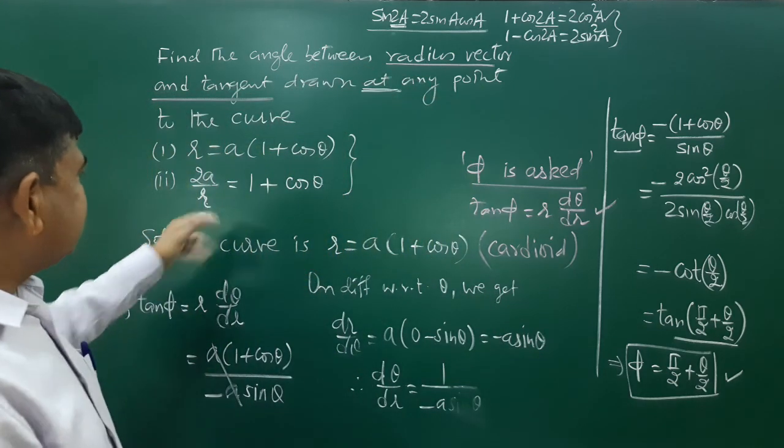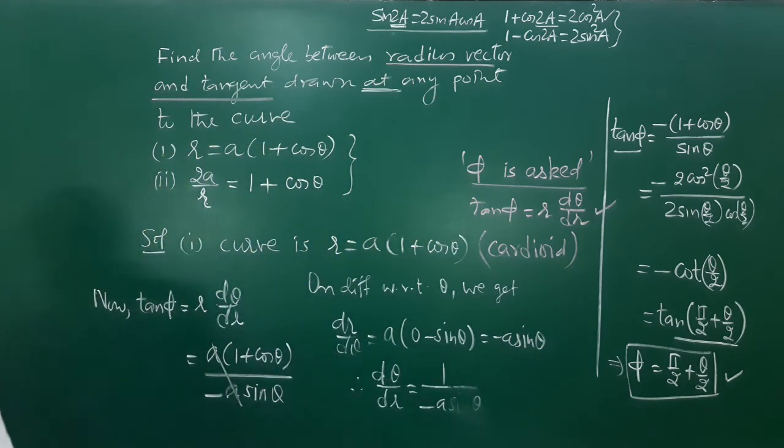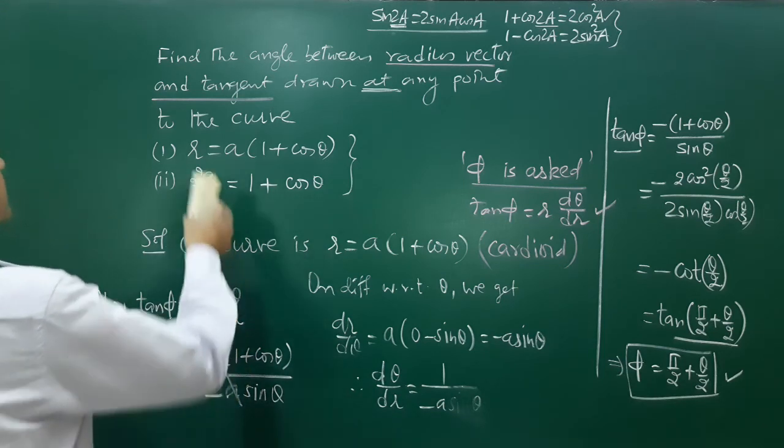Okay, now we come to the second example, that is 2a upon r equals 1 plus cos theta.